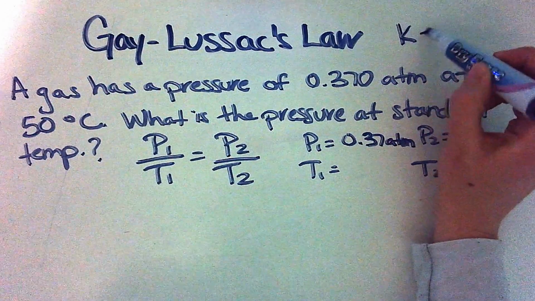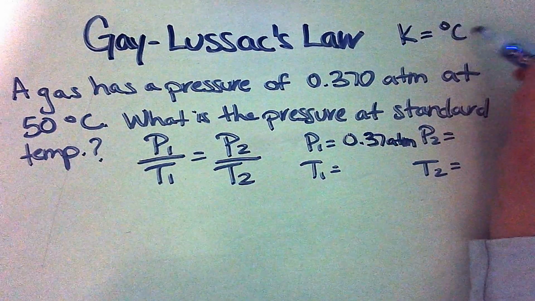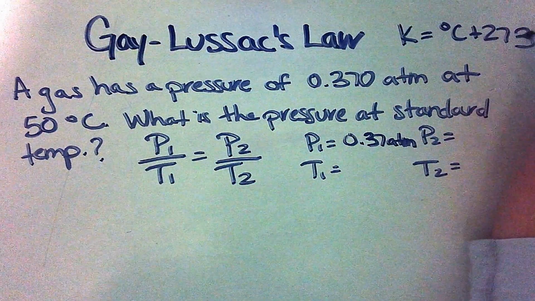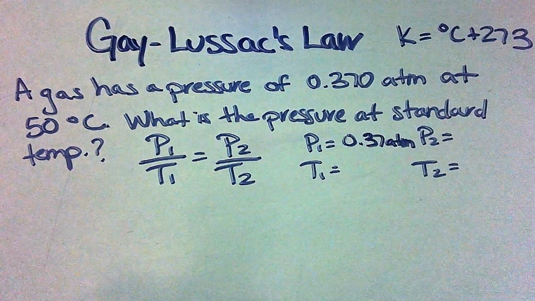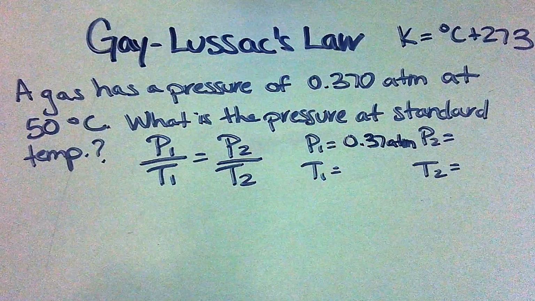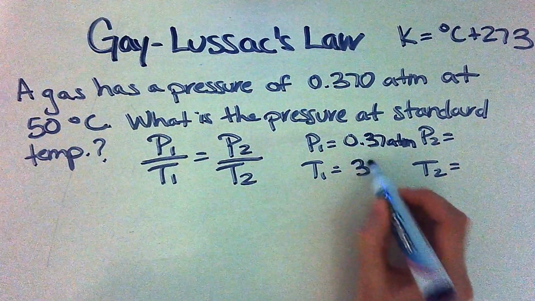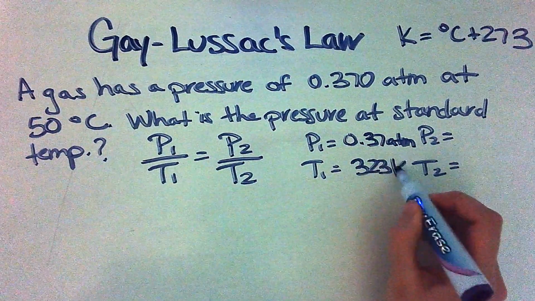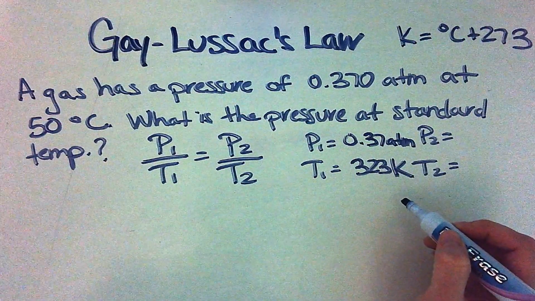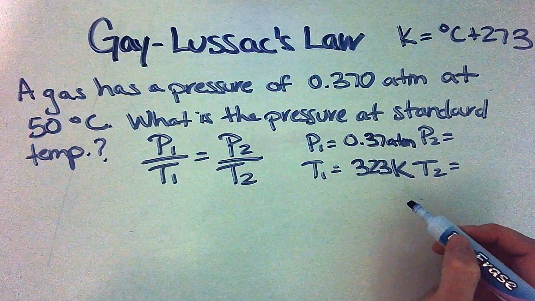So to go from Celsius to Kelvin, I add 273. So 50 degrees Celsius in Kelvin is 323 Kelvin.